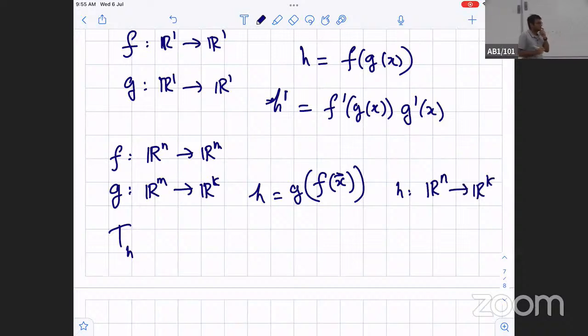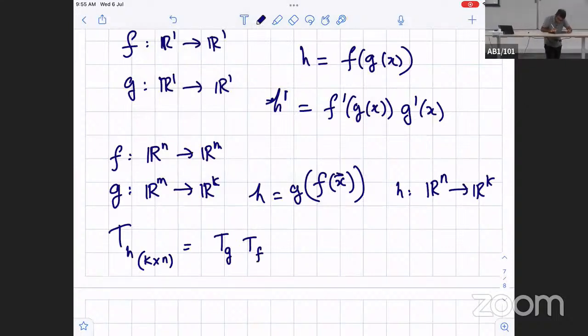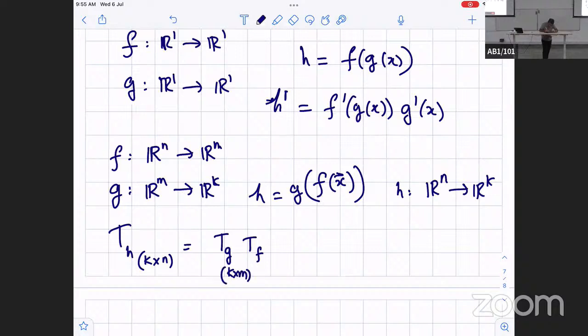So this is a k cross n matrix. You can decompose it as Tg times Tf. Tg is k cross m, and Tf is m cross n. So when you multiply two matrices of these dimensions, k cross m and m cross n, you will get k cross n.